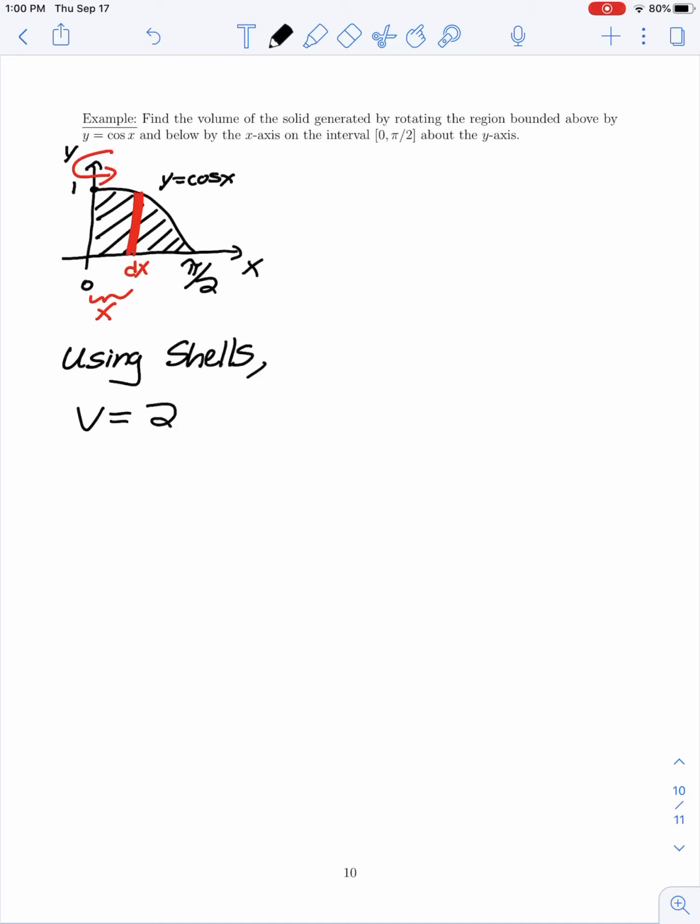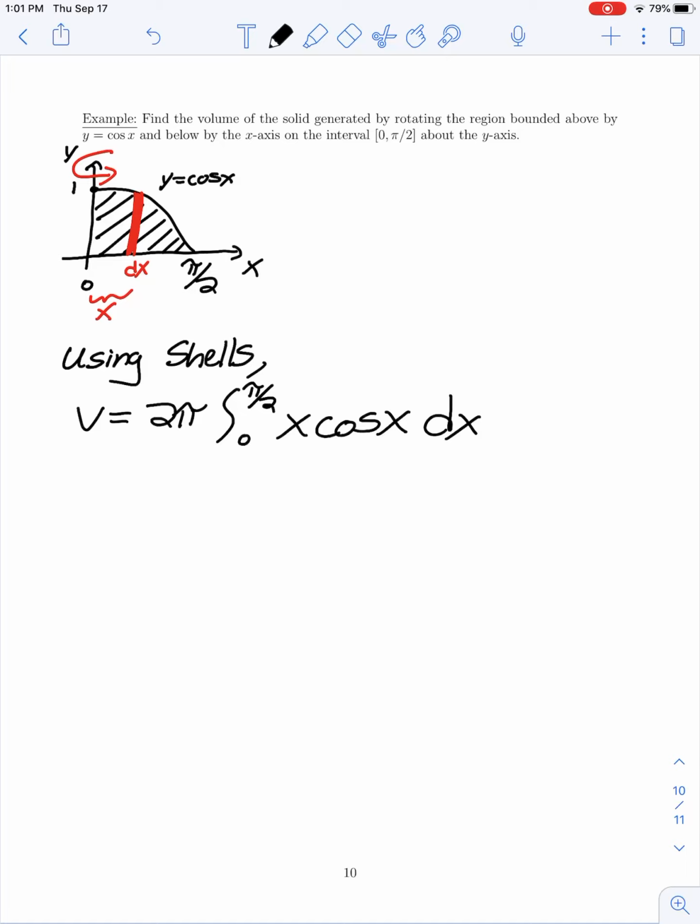to calculate the volume of this solid would be given by 2 pi times the integral with respect to x, over the interval from 0 to pi over 2 here. And then we would have the radius of our cylinder, which is x, times the height of our cylinder, which is given by the height of this curve, y equals cosine of x, times the thickness of our cylinder, which was dx.